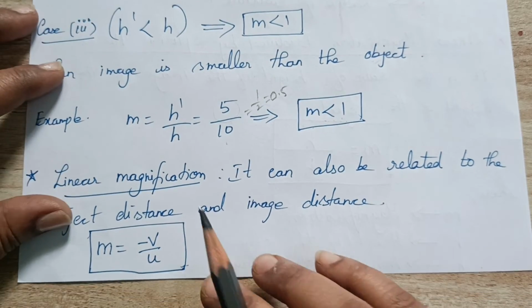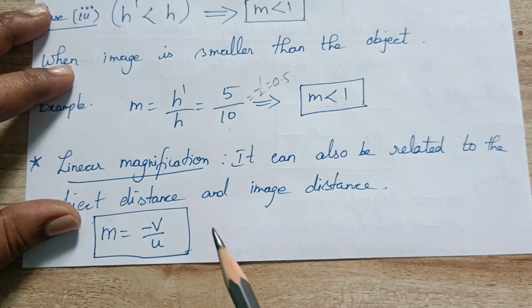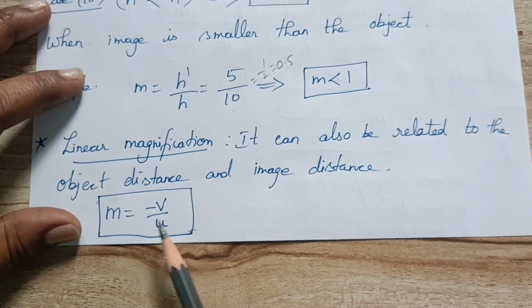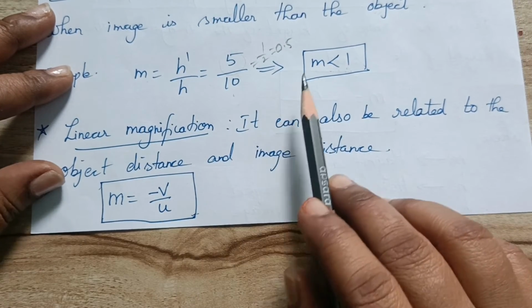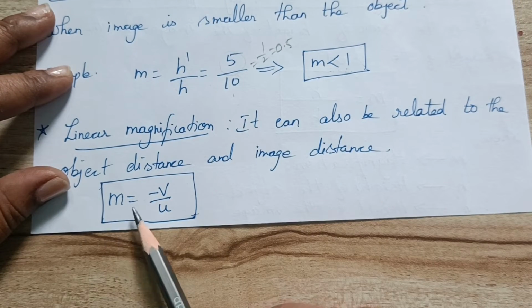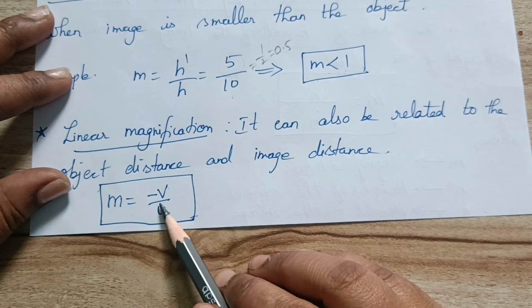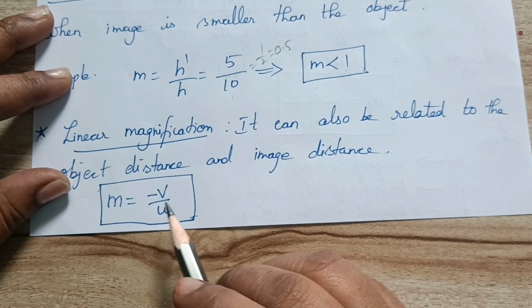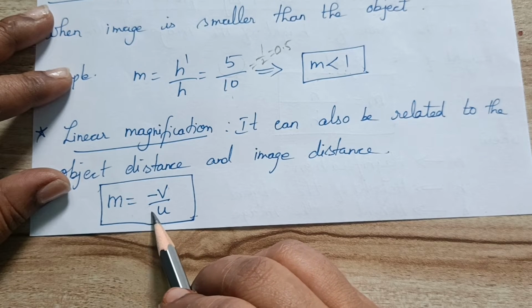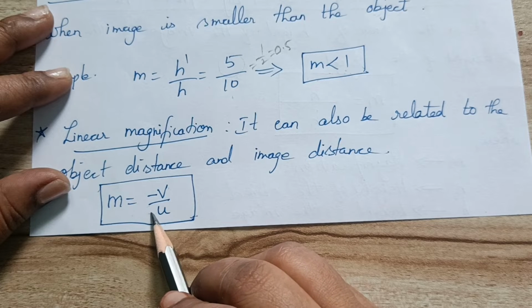Okay. Next, this linear magnification can also be related with the object distance and the image distance. So you can write the magnification as m equals minus v by u. You know that u is negative, so you will not usually have a negative integer in the denominator.